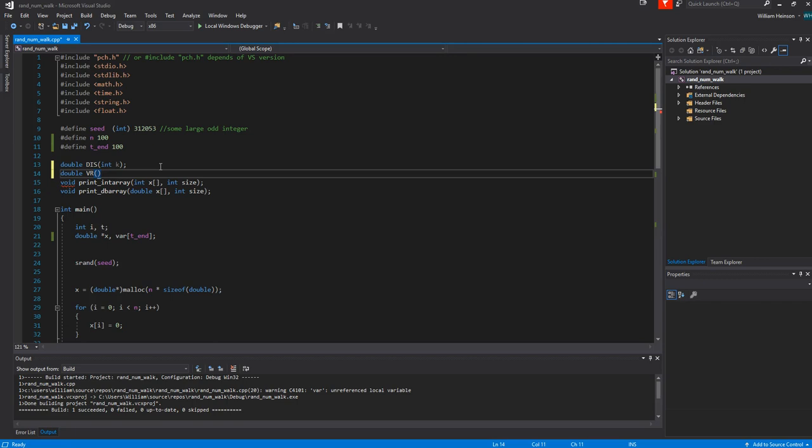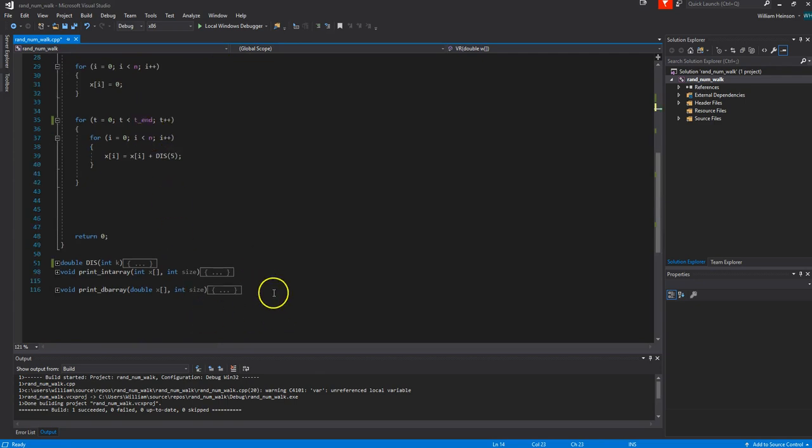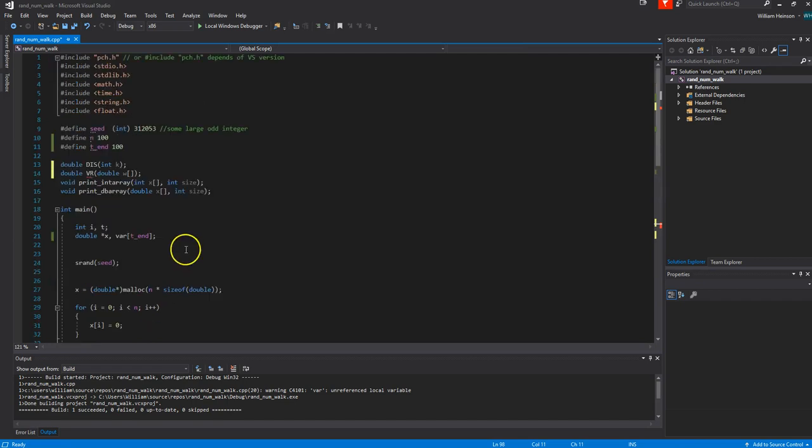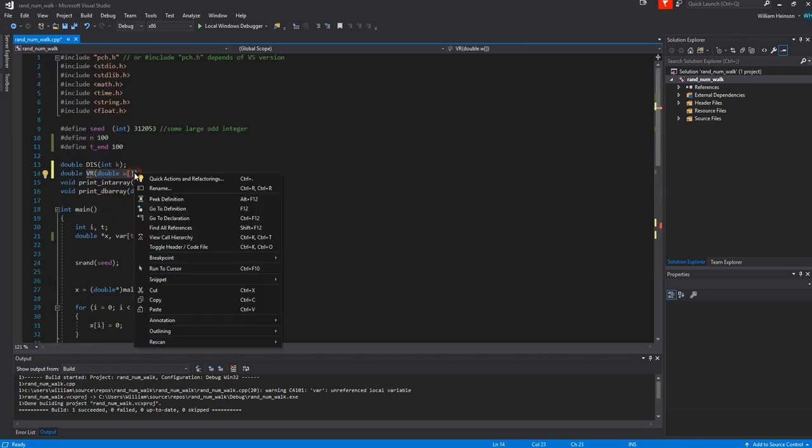It's going to take in a double array of my walkers, and that's it, because I've defined the number of walkers I have, in this case 100. Let's just set that up right now.